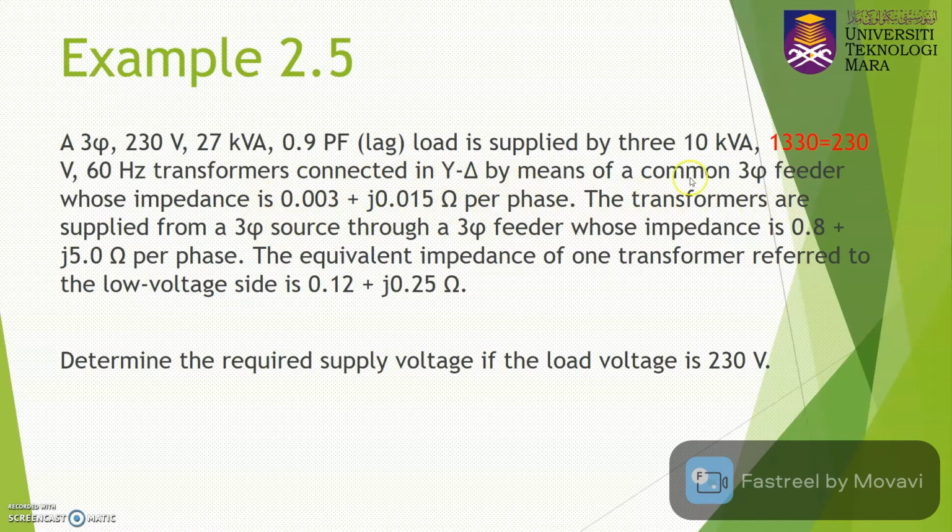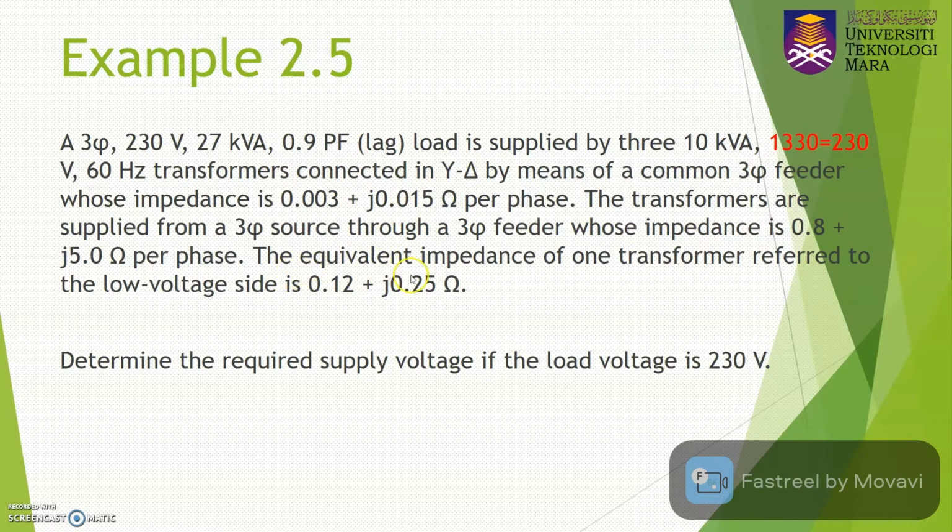The transformer is also supplied from the three-phase source through a three-phase feeder whose impedance is given by this. So you have a source, connected to the feeder, then connected to the transformer at the primary winding. The secondary winding of the transformer is connected to the feeder, then the feeder is connected to the load.